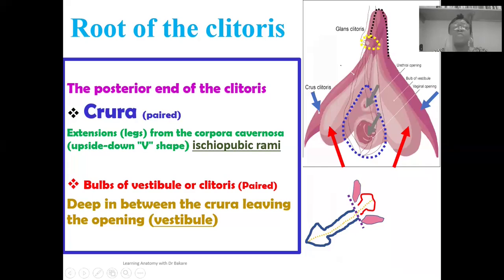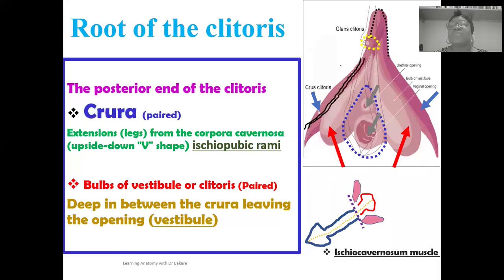It's also important for us to add that the crura and also the bulb are not left open. They are seen to be padded by muscles. So we have the ischiocavernosus. The ischiocavernosus muscle is a muscle that is seen to run through the two crura of the penis and also the two crura of the clitoris. If you go to this upper image, this is where we have the ischiocavernosus here.